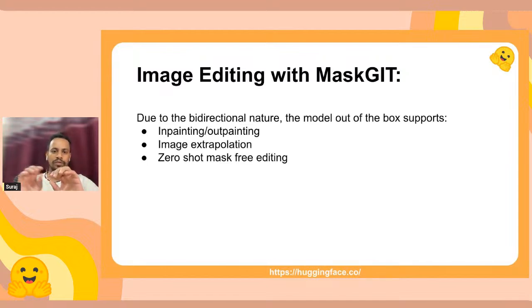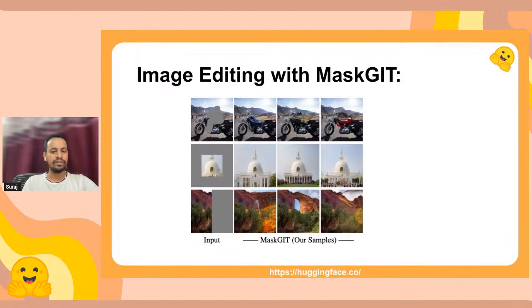Because the model is trained to predict masked tokens, to do inpainting you can just mask out the tokens in the masked region of the image and ask the model to predict those, and it works pretty well, as you can see in these examples. Again, the key thing here is that these models are not trained to do inpainting, outpainting, or mask-free editing. It's just due to the nature of their training that they have the zero-shot ability to do them.